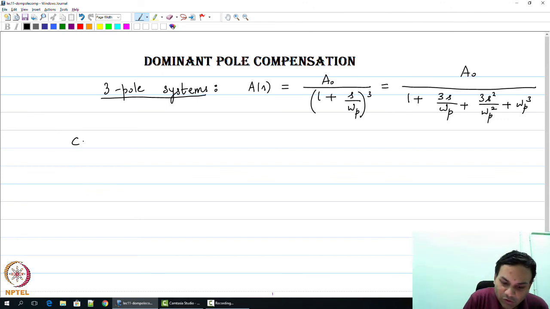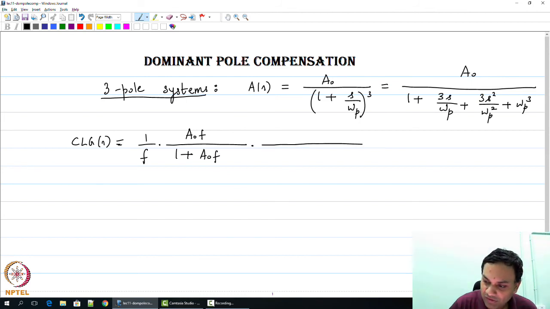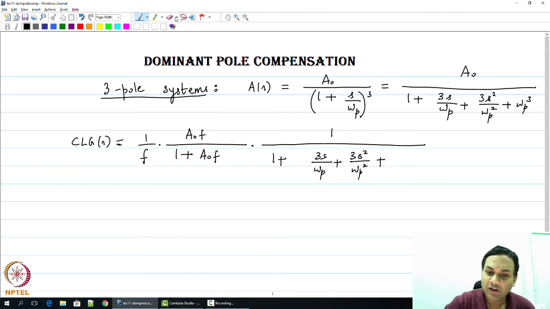Now if you look at the expression for the closed loop gain of the system as a function of frequency, you will of course have the ideal gain of the feedback system, which is 1 over f, times the low frequency loop gain, which is A naught f by 1 plus A naught f, times the frequency response. So for the frequency response, you will see 1 over 1 plus 3s by omega p plus 3s squared by omega p squared plus, I'm sorry, I made a small mistake here.